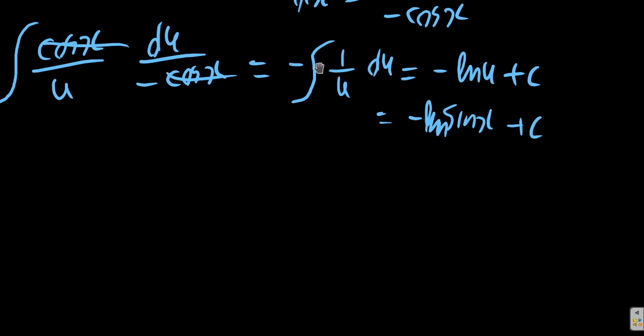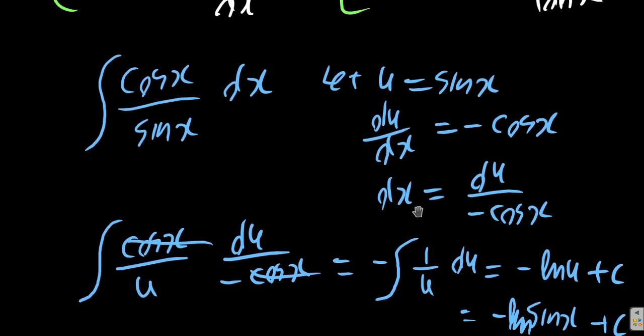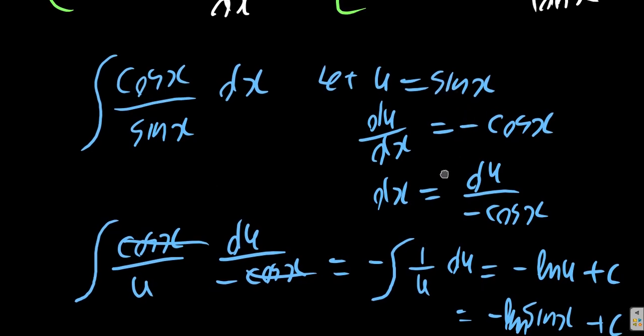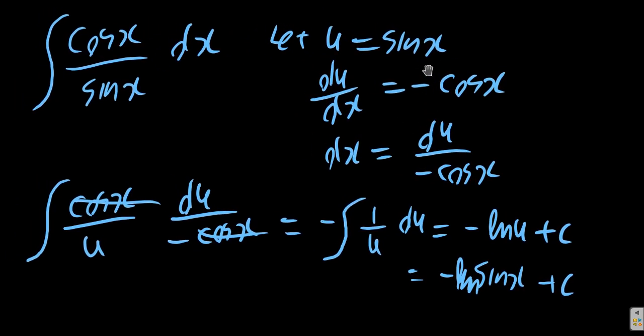Hold on, did I make a mistake up here? When you differentiate sine, I get cos. So I need to erase this negative. I did not look back at the table of derivatives; I was trying to memorize it. I know that when you differentiate sine, you get cos.